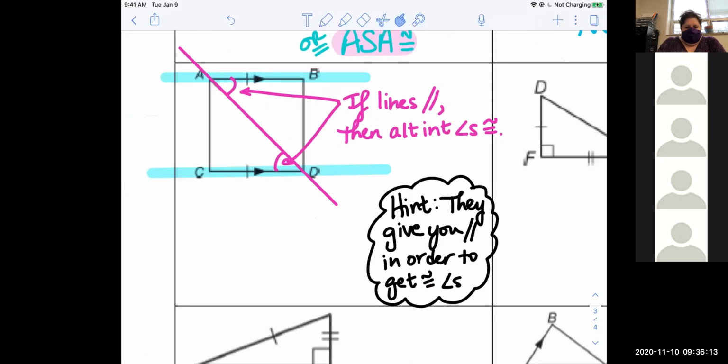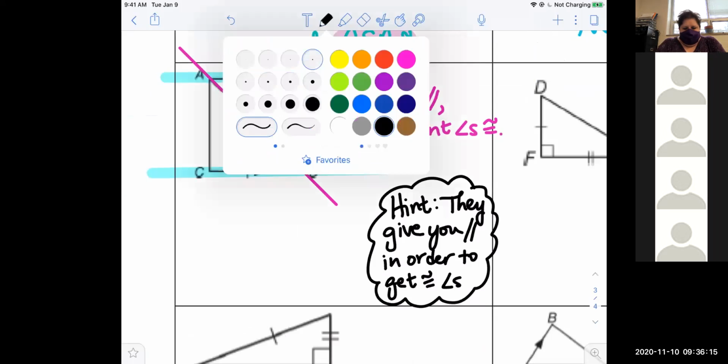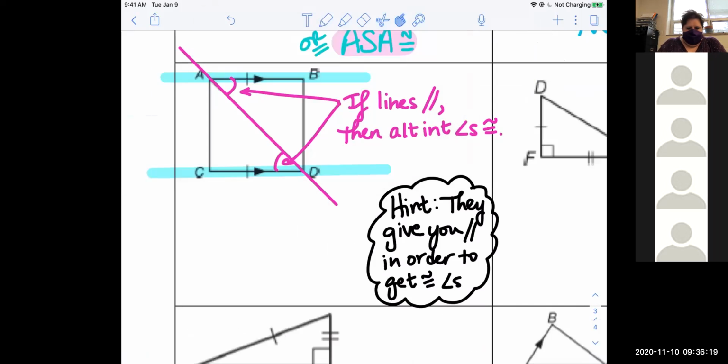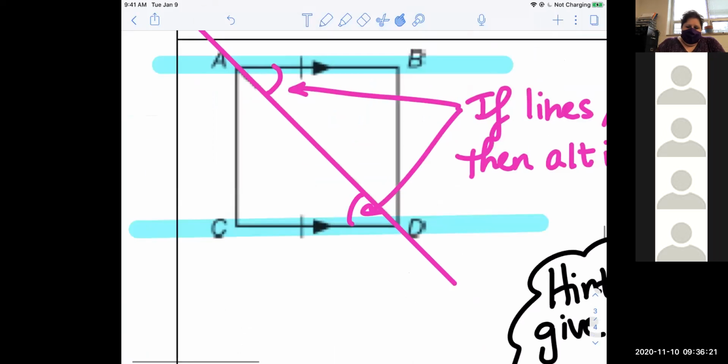Now, Maggie, is there anything else that I could mark that's not currently marked? So we have a pair of sides that was given, and we have a pair of angles that we just figured out. Okay, Max, what do you think?